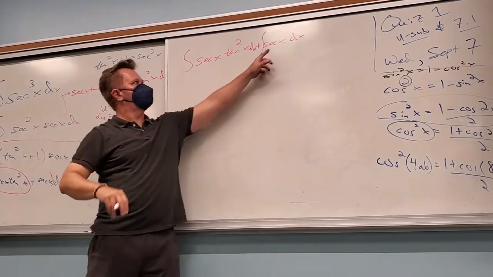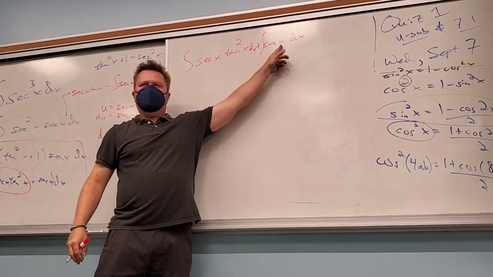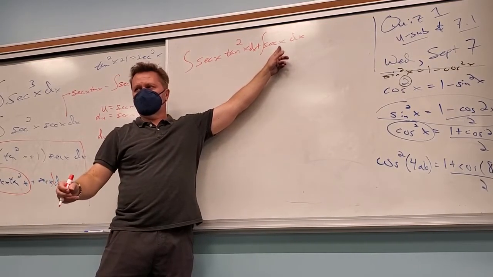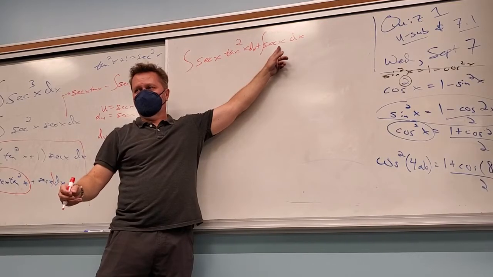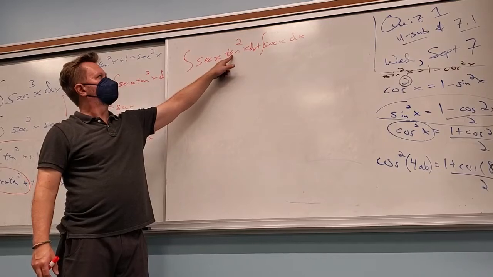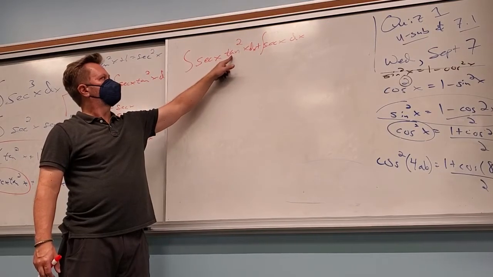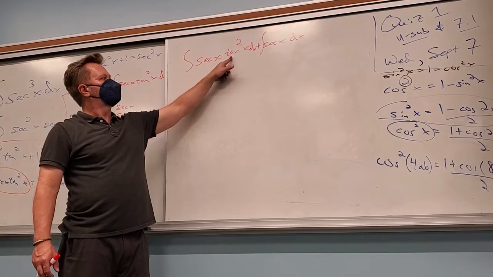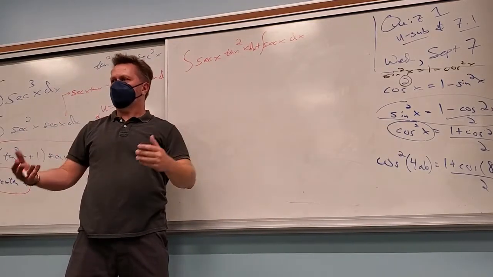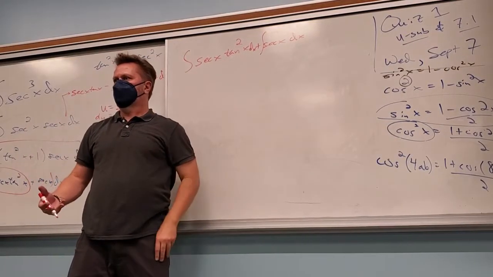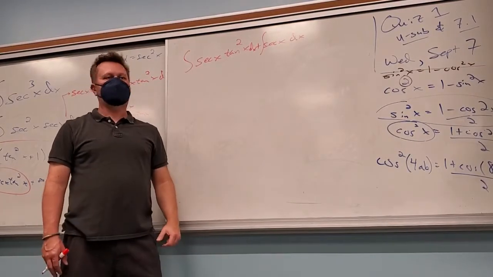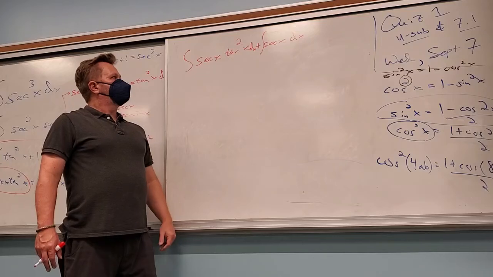Now this one is actually one that we can do. Could you rewrite that tangent squared x as secant squared x minus 1? Because then you would just have secants. True, but then you wouldn't have the derivative of the secant, so u sub wouldn't get you anywhere. Not a bad idea, but still not going to work.